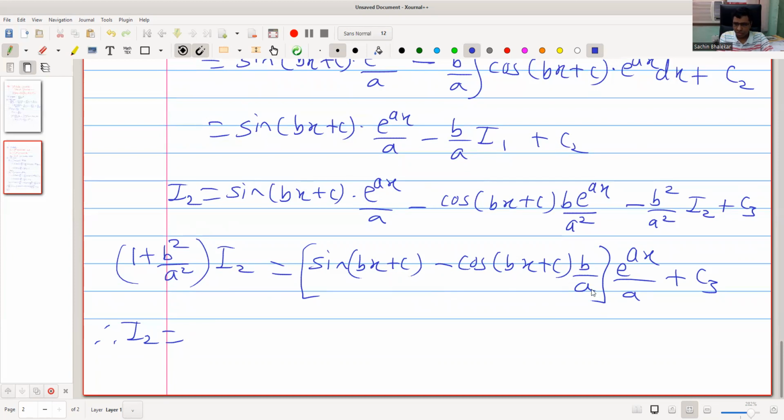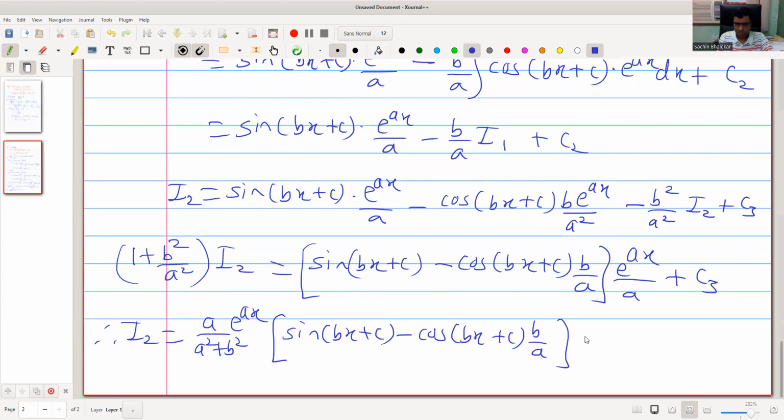Okay, so that one a gets cancelled and we just have a upon a square plus b square into e raised to ax and this term. And I'm writing here C4 because we are dividing, we are writing here C3 multiplied by a square upon a square plus b square. Okay, so some constant. We don't need to bother about this constant.